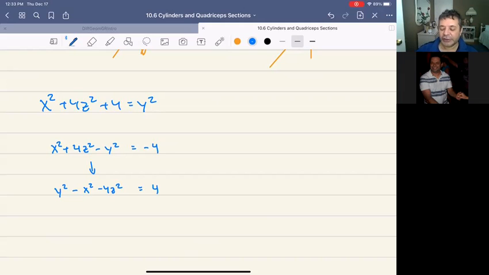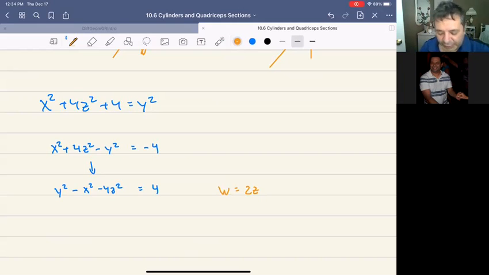Now, again, I'm going to pretend that this 4z squared is instead just a single squared variable, so let's let w equal 2z. Oh, I said u, didn't I?